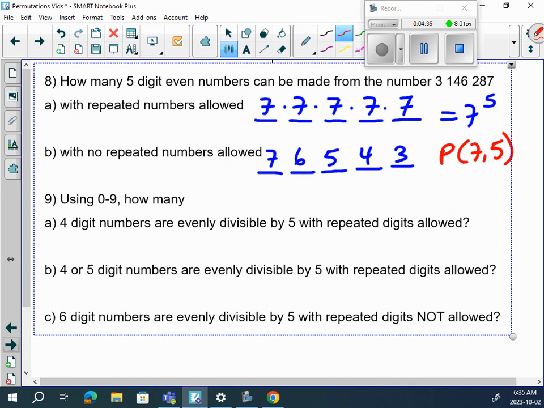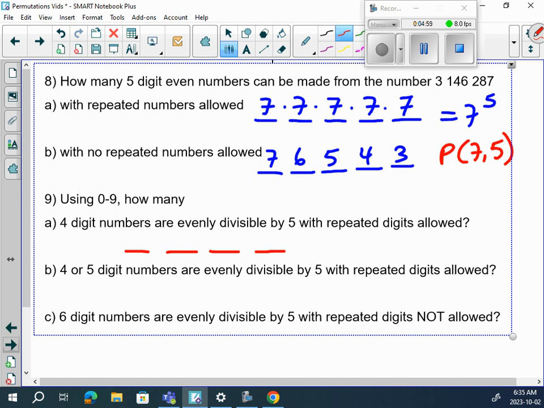Four-digit numbers divisible by 5. Okay, so now we're getting into some more advanced stuff here. I said in one of the earlier videos, I think, that when I'm dealing with any of these, I'm looking to fill the most specific spots first.